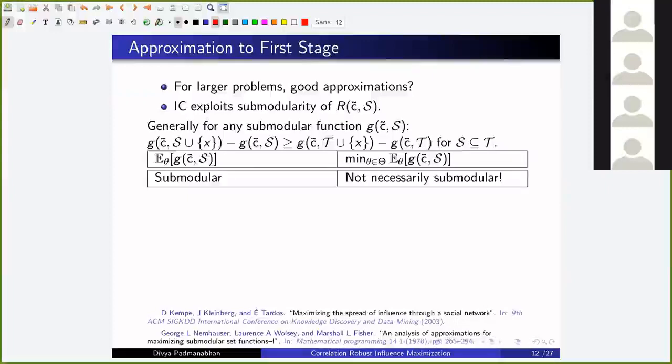But one complication is that for the robust model, we are working with this objective, which is a min over expectations, and that is not guaranteed to be submodular. In general, you don't have this property.